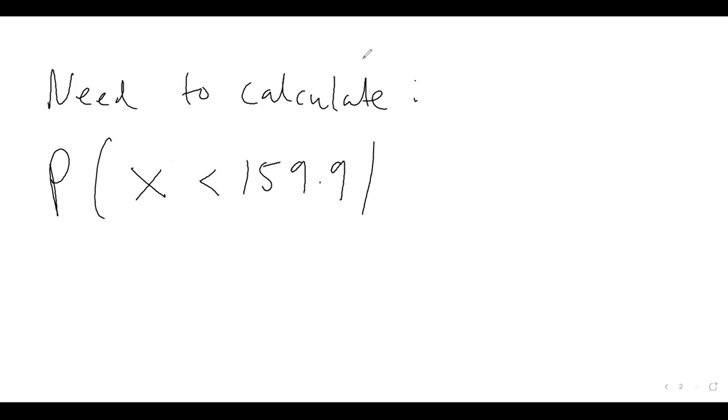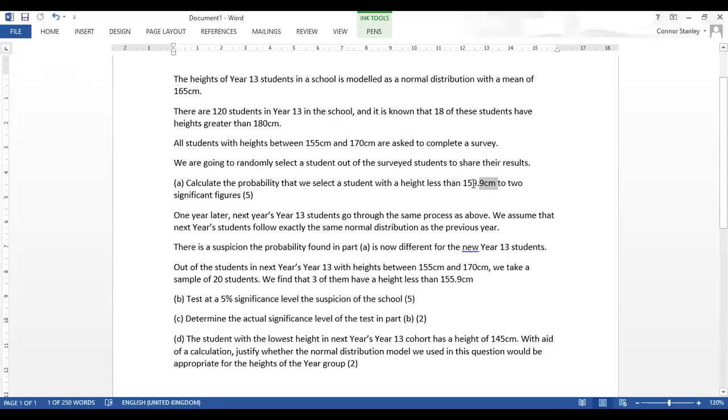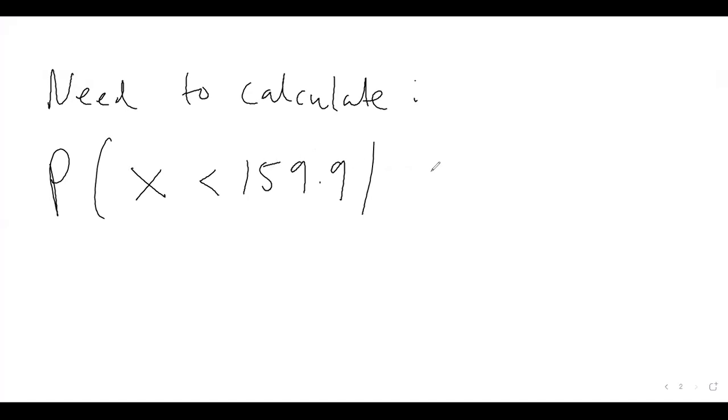So remember, if we go back to the question, just so we can remind ourselves, we want to find the probability that we select a height less than 159.9, but we're going to select students out of the surveyed students with heights between 155 and 170. So again, that's why this is a conditional probability. So the probability we select someone with height less than that, given that their height is trapped between 155 and 170. So remember our conditional probability formula.